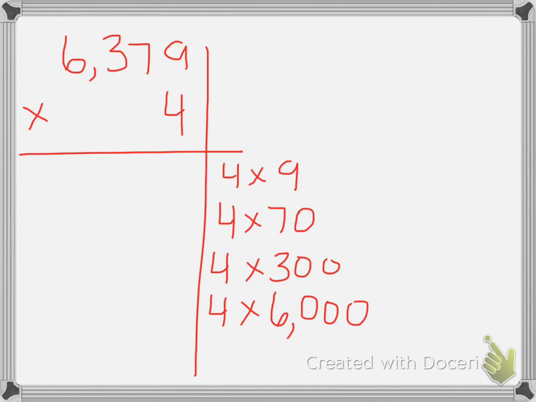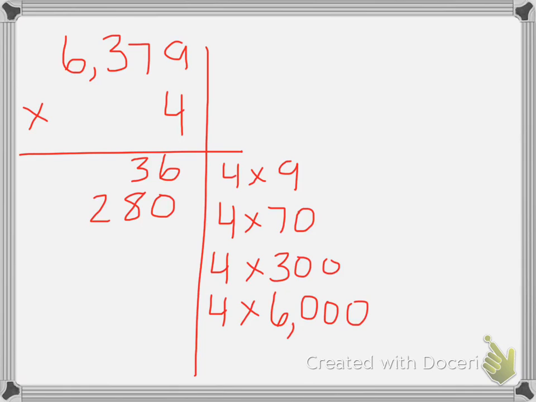Okay, so I almost envision it like expanded form. My 9, 70, 300, 6,000 are being multiplied each by 4. Alright, so 4 times 9 gets me 36. 4 times 7 gets me 28 times 10 gets me 280.